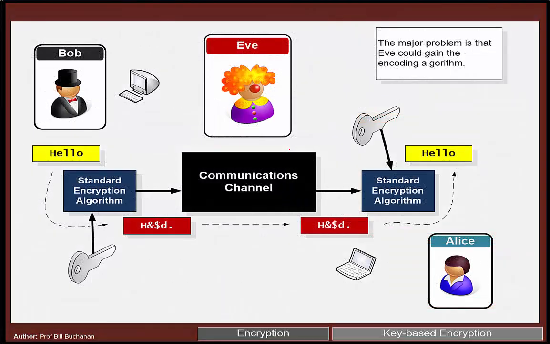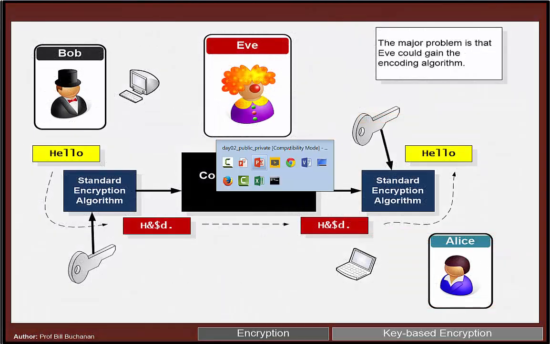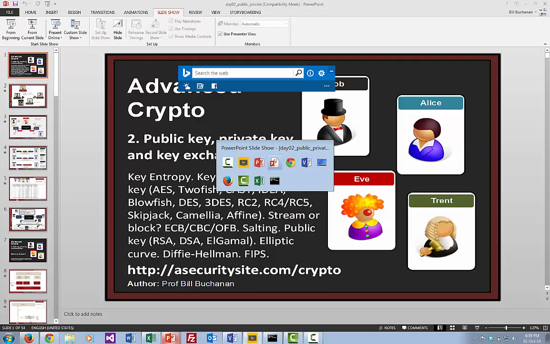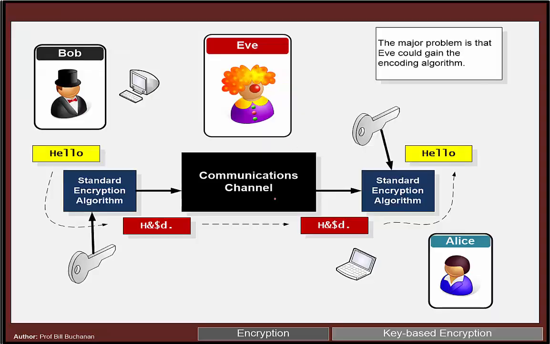As part of the tutorial, we'll actually be looking at some of these methods, and we'll see how they implement. So the problem that we have is really how we can get a key from Bob to Alice. So when we look at our key exchange, we'll see how actually that is done in real life.